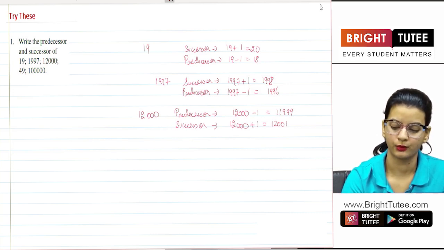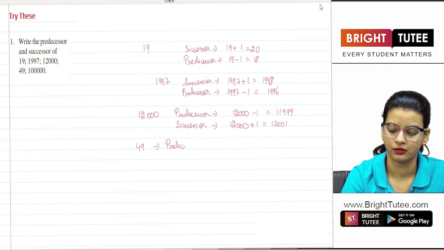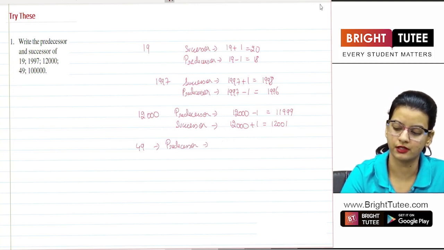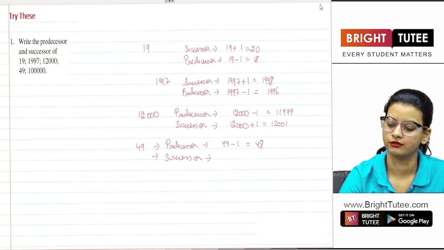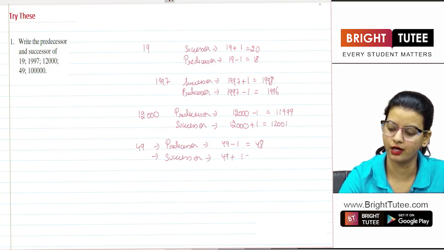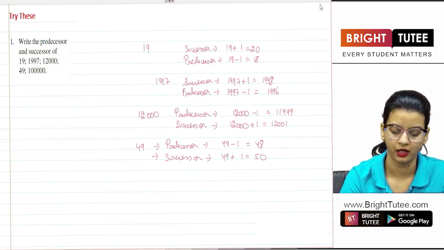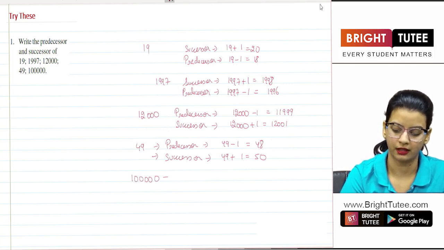Then we have 49. The predecessor for this is 49 minus 1, that is 48, and the successor for this is 49 plus 1, that is 50. Now we have 1 lakh.